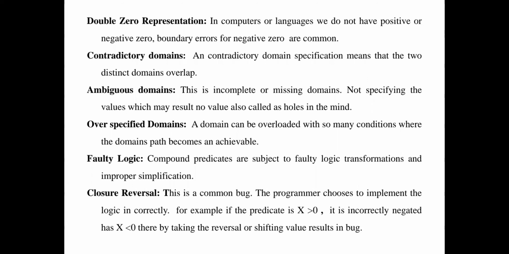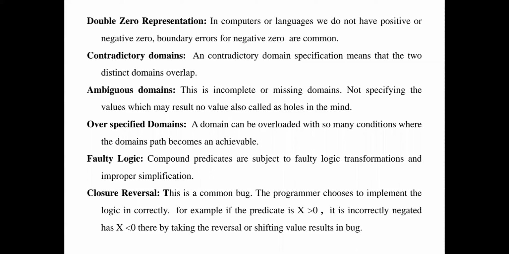One is double zero representation. Double zero representation means the zero that you are representing will cause a bug. Generally, a zero does not have a positive or negative value. It does not mention a zero as positive zero or negative zero.